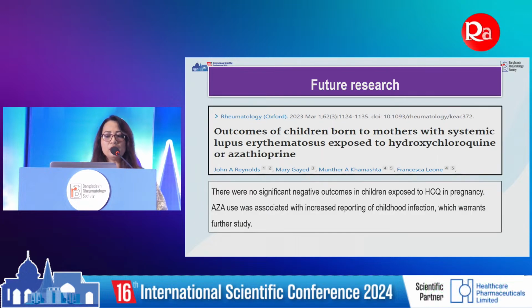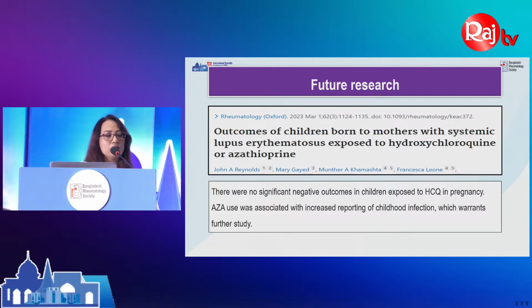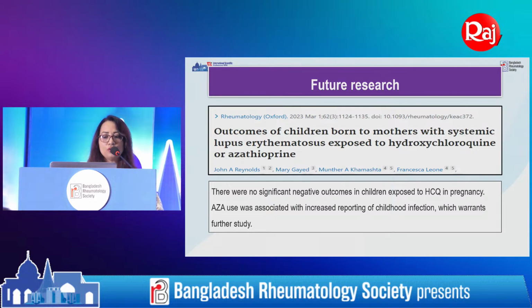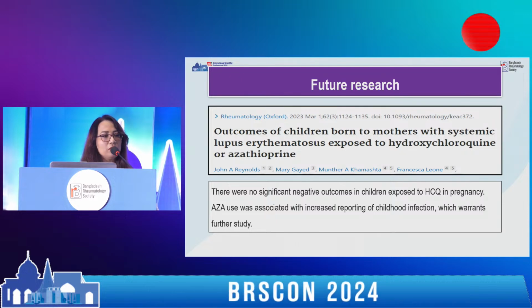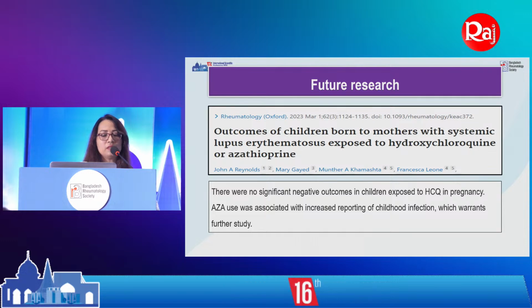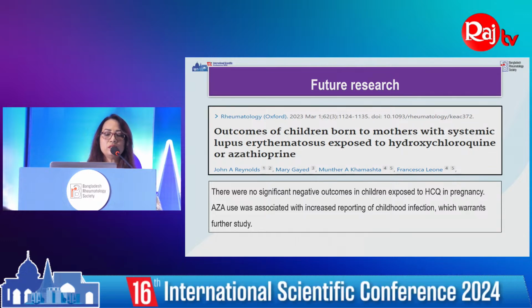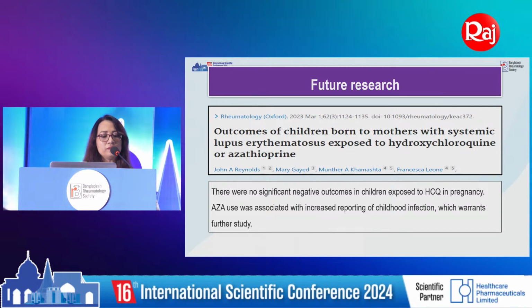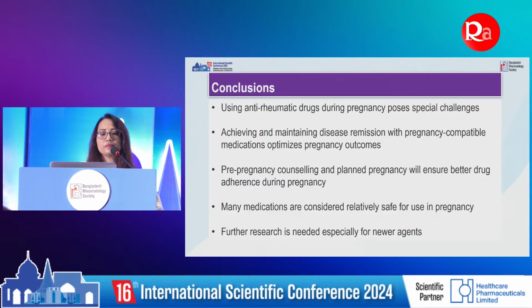Outcomes of children born to mothers with systemic lupus erythematosus exposed to hydroxychloroquine or azathioprine showed that with hydroxychloroquine there was no safety concern, but azathioprine use was associated with increased reporting of childhood infection, which warrants further study.